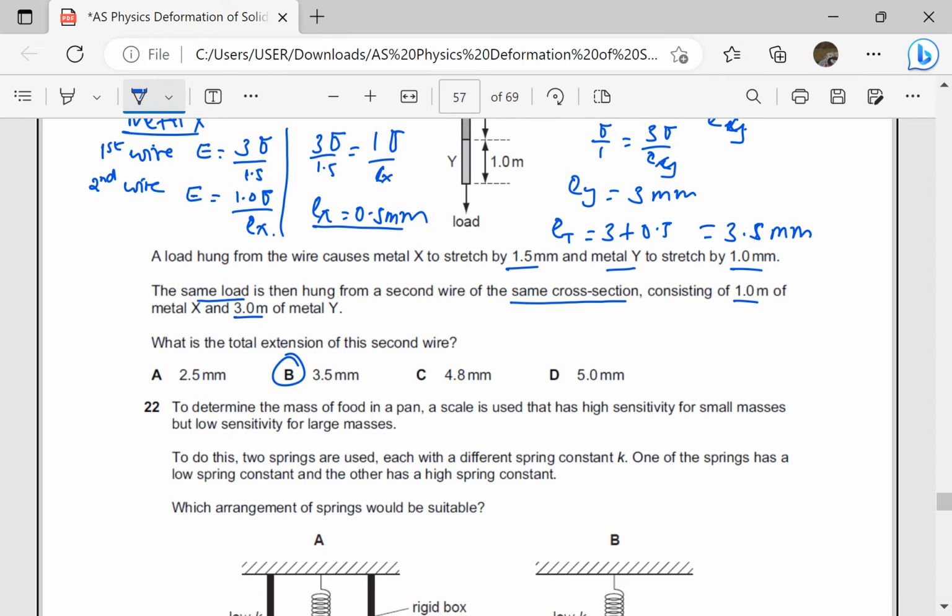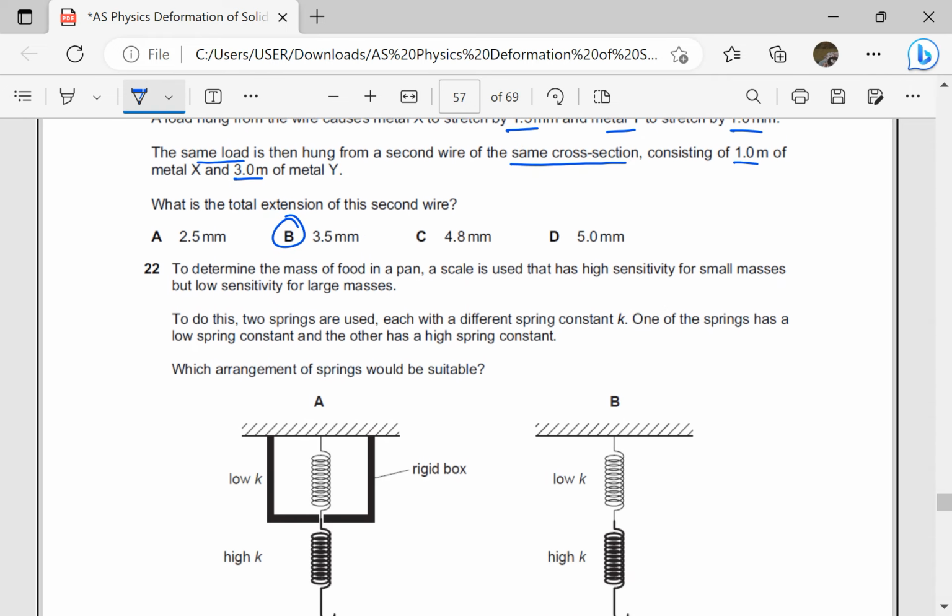To determine the mass of food in a pan, a scale is used that has high sensitivity for small masses. That means even if you put a small mass, it stretches so much. However, it has low sensitivity for large masses, which means it should not stretch easily when large masses are put.